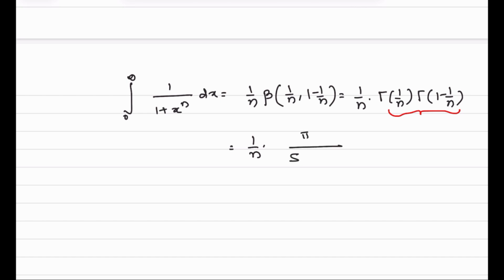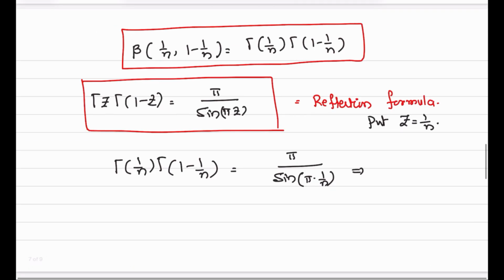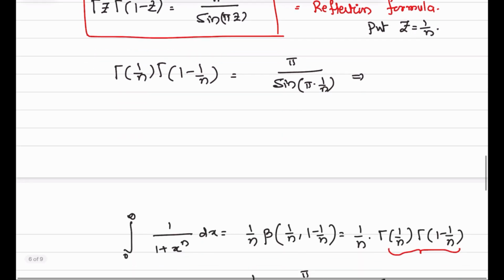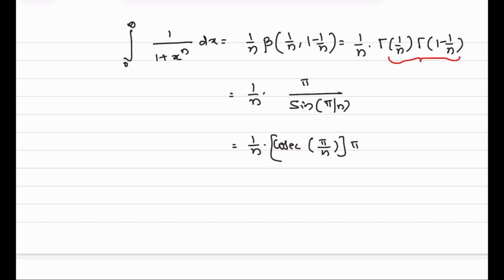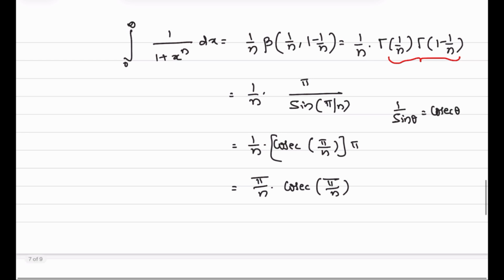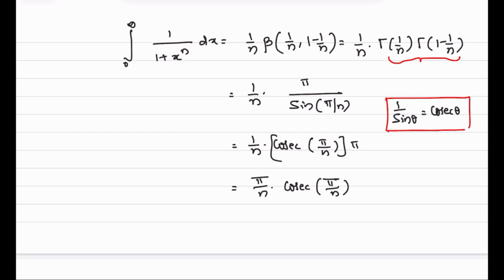Pi divided by sin pi by n, which implies this is equal to pi by n into cosecant pi by n. 1 by sin theta is equal to cosecant theta.